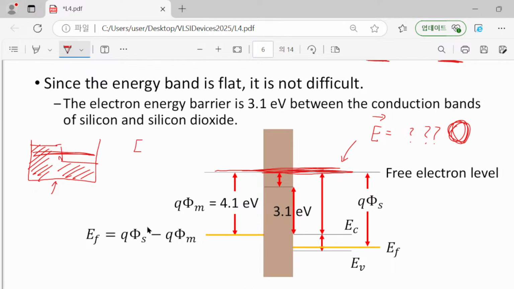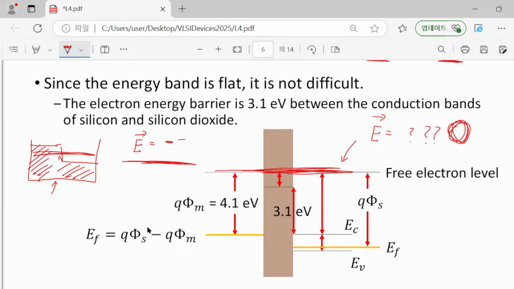In general, we have to have this kind of notation. So electric field is given as minus q... sorry about that, I just messed up.